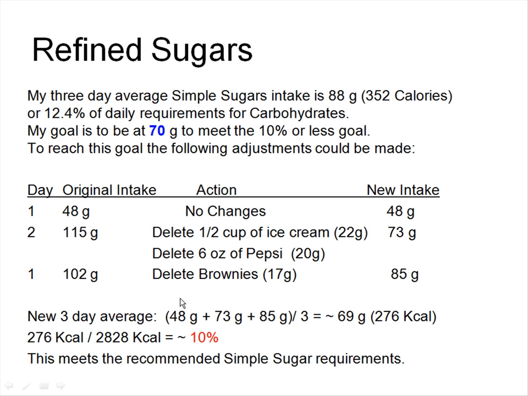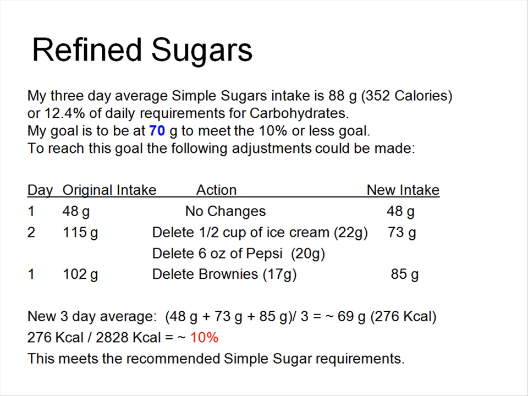Okay, so what I did was I looked at this and I said, well, my goal is 70 grams and this is below 70, so I'm not going to increase the sugar for that day, because the idea is you want your average to be 70.